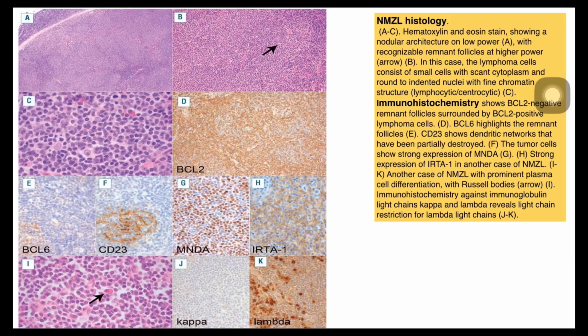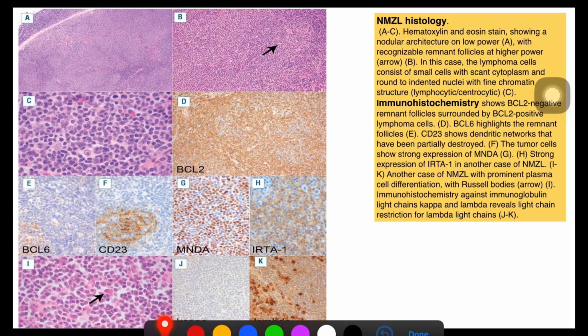So here is the histopathological section where you can see effaced architecture of the node, and these are small to intermediate cells showing BCL2 positivity, BCL6 positivity in remnant follicles, dendritic network by CD23, MNDA having strong positivity, while IRTA1 also has strong expression.